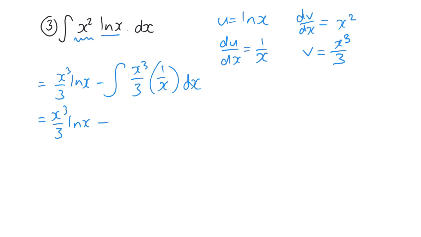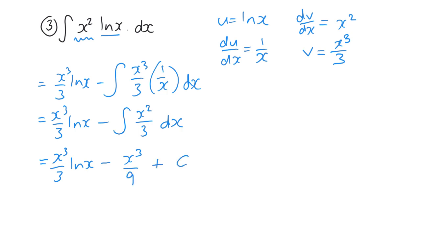And now we'll cancel our x's here. That's going to give us, we're integrating x squared over 3. And that's nice and straightforward to integrate. So we add 1 to the index, so we get x cubed, and then we're going to divide by 3. So we get x cubed over 9, and then we remember our plus c.